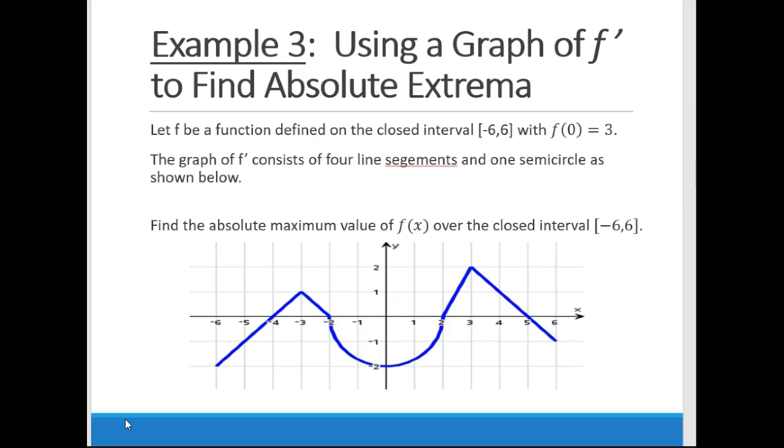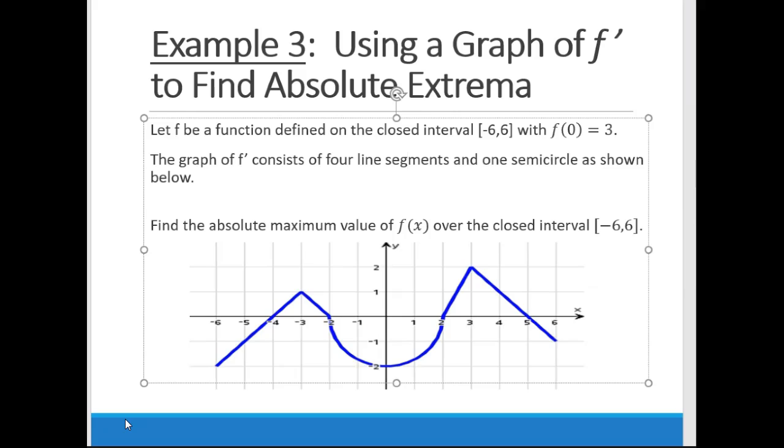And our graph consists of 4 line segments and 1 semicircle as shown below. So again, this is the graph of f prime. We're looking for values related to the original.